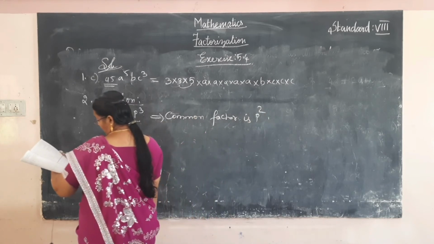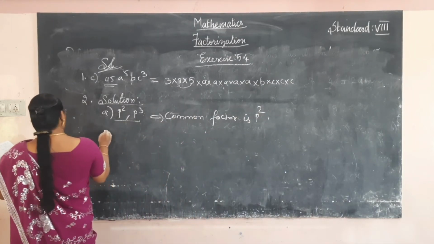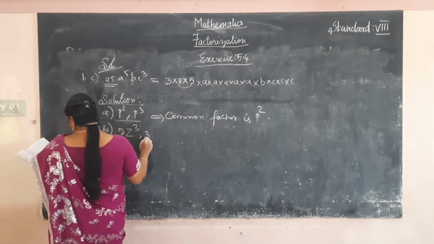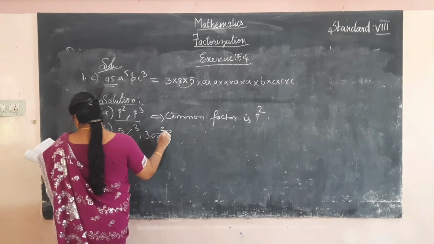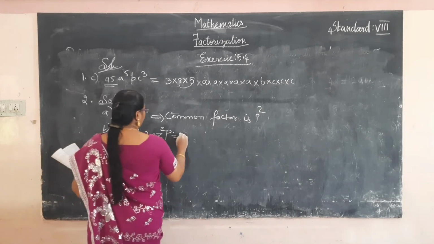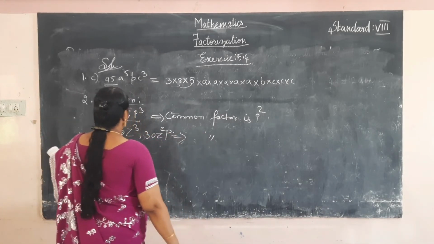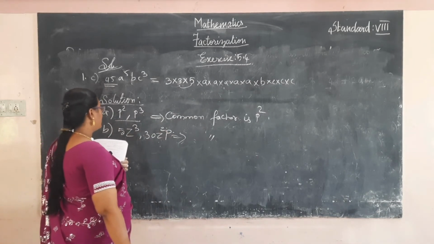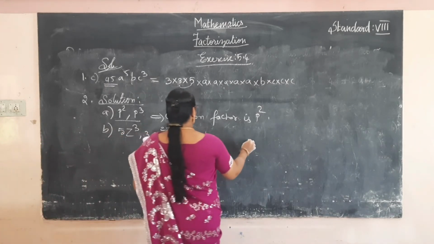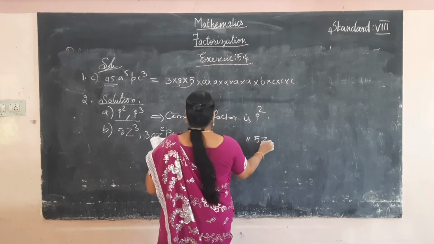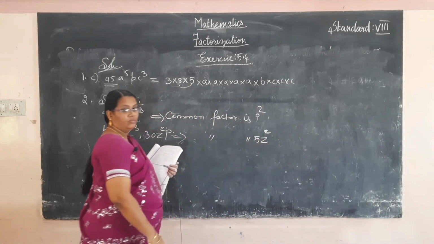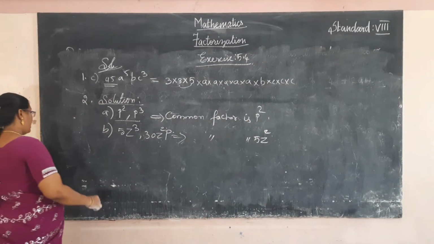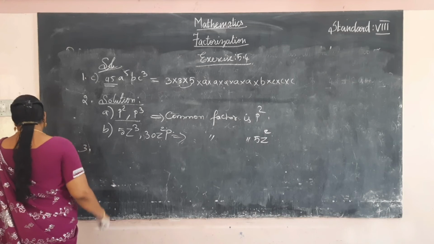Okay, and then 5 z cube, 30 z squared t. So which are the common factors? 5. Here z squared only is there, is it? So possible is 5 z power 2. Okay, common from both terms. Right. Remaining problems are homework.